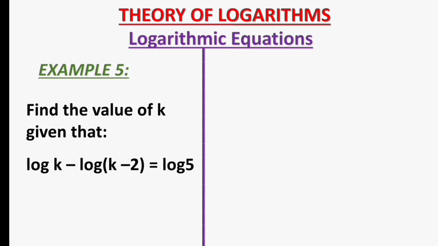Next, let's see our fifth example involving logarithmic equations. Example 5. Find the value of k, given that the logarithm of k minus the logarithm of (k minus 2) is equal to the logarithm of 5. Let's see the solution to example 5.